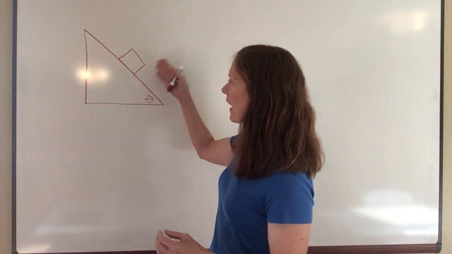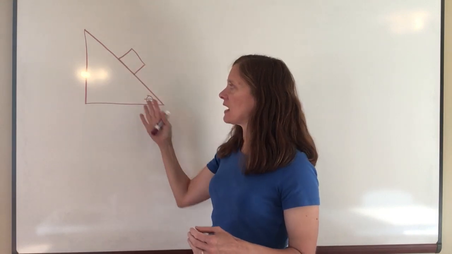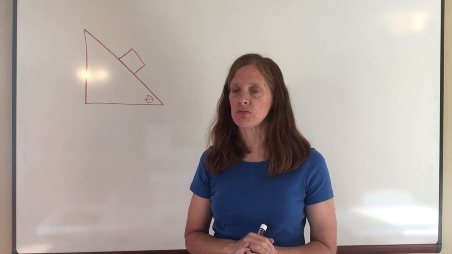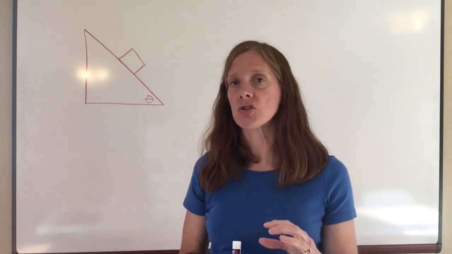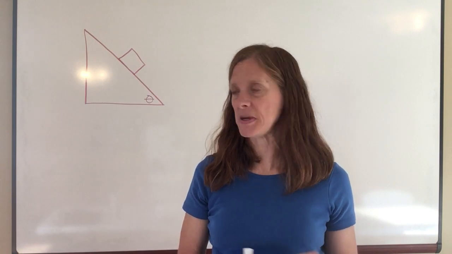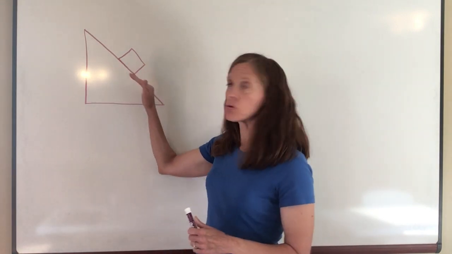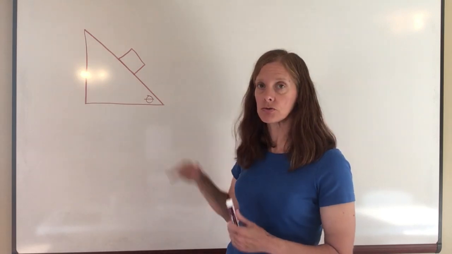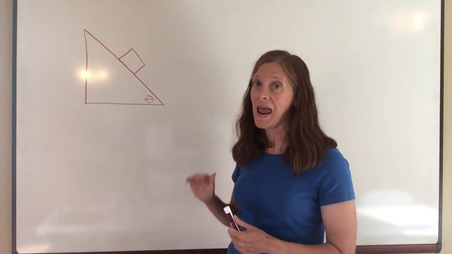So if I have an object on an inclined plane or on a ramp of some sort, on a slope of some sort, the same forces are still there, but mathematically I have to look at them differently because now I no longer have motion in a horizontal direction. Now it's at an angle.